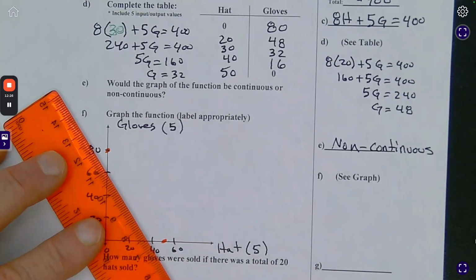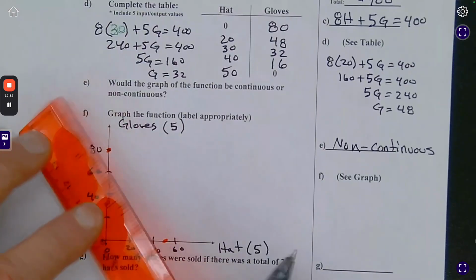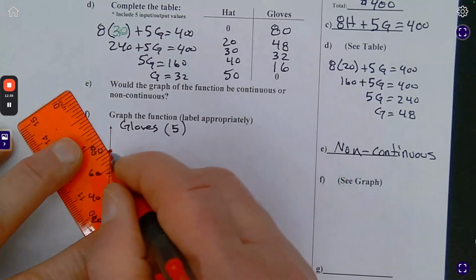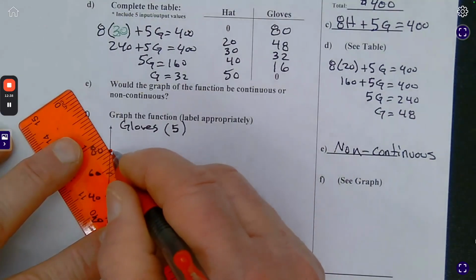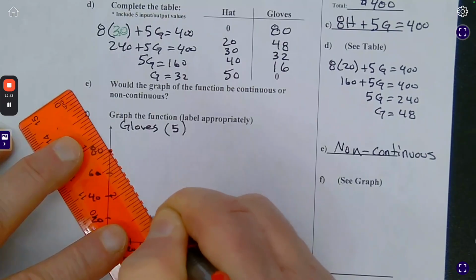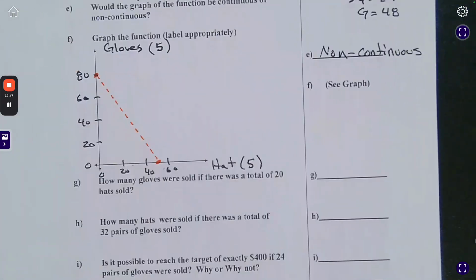I can sell 1 pair of gloves, 1 hat. So these are very specific ordered pairs for solutions. So I'm going to draw a non-continuous graph, a dashed line. Non-continuous is the same as discrete. Okay, there it is. Beautiful.